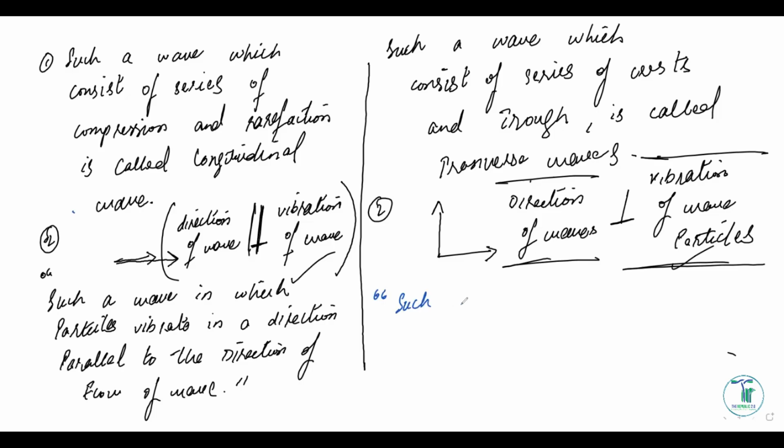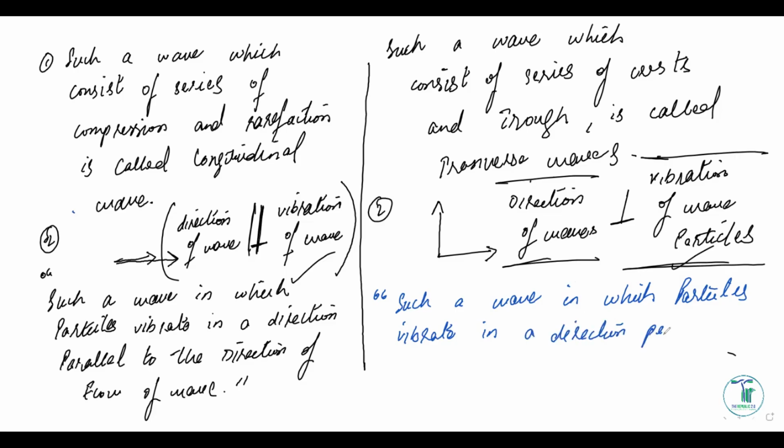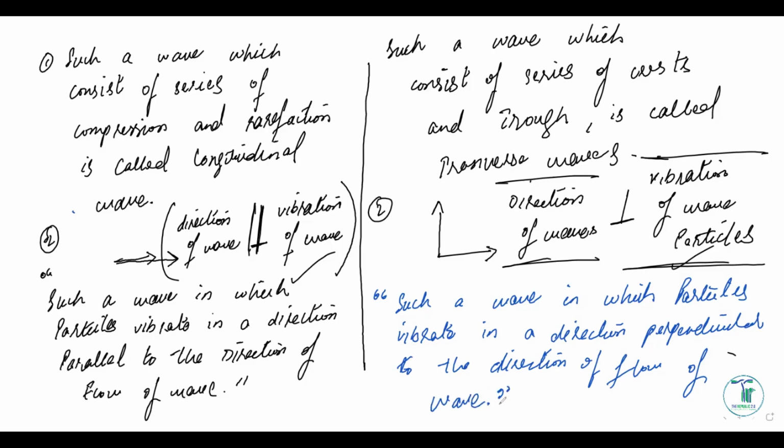It is such a wave in which particles vibrate in a direction perpendicular to the direction of flow of wave. Is that clear? Yes. So that is how you're going to define both of these types of waves.